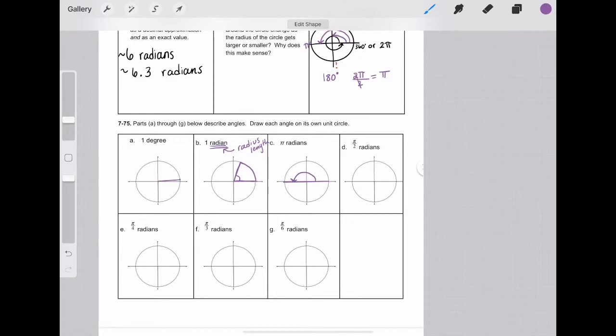Now these are just like slices of a pie. So they're fractions. So you're just working on how do you find the fraction of 2 pi. So the whole circle is 2 pi. You're trying to figure out what are those slices of pi. Okay, and then you're going to figure out where is pi over 2. Where's pi over 4? Where's pi over 3? Where's pi over 6?